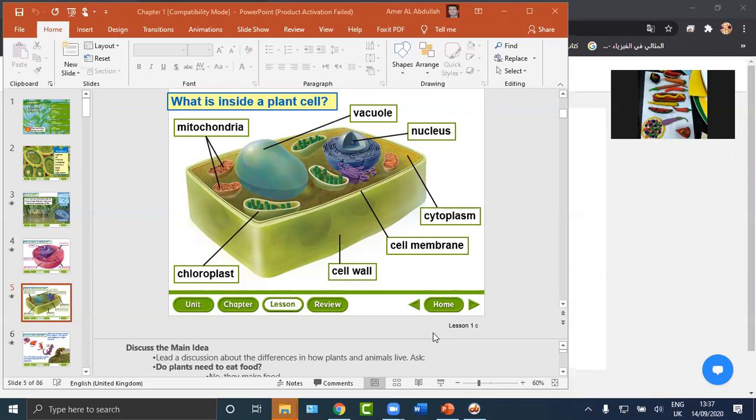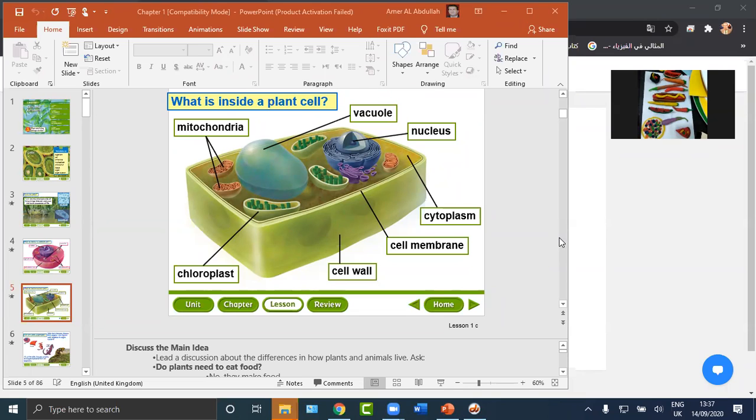Organs are made of tissues and make up organ systems. In an organ system, organs work together to carry out a function of the organ system, such as digestion.